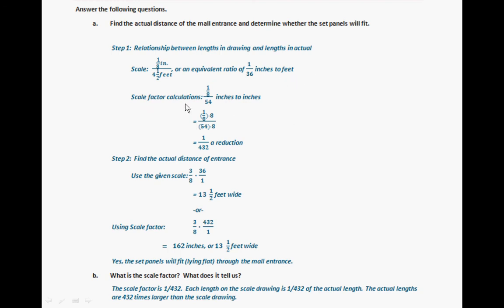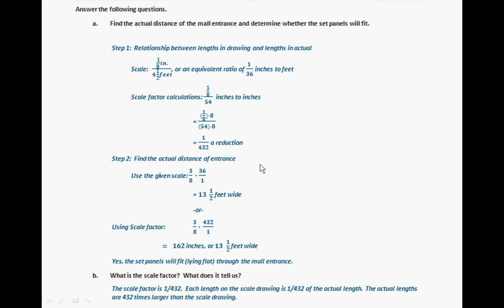The scale factor calculations, if you were to do that, 1/8 to 54 inches to inches. So if we take 1/8 times 8 and 54 times 8, because again we want to get rid of the fraction here, that means that the scale factor is a 1 to 432 reduction.